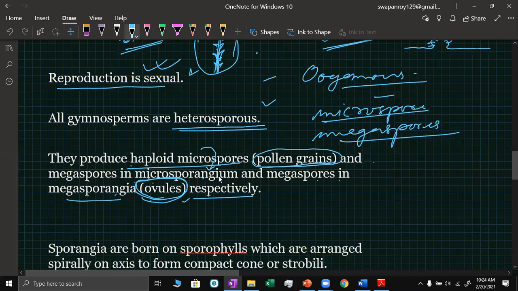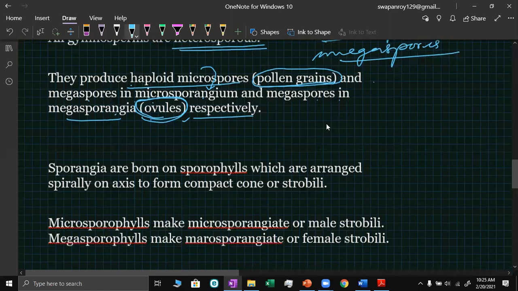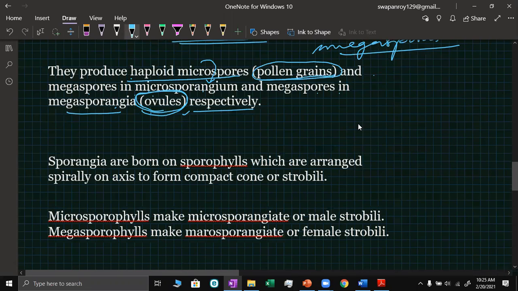This ovule has a body called the nucellus, surrounded by the integument. These sporangia are borne on a modified structure known as the sporophyll, which we also found in pteridophytes.